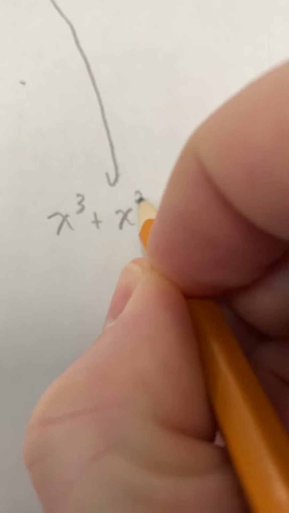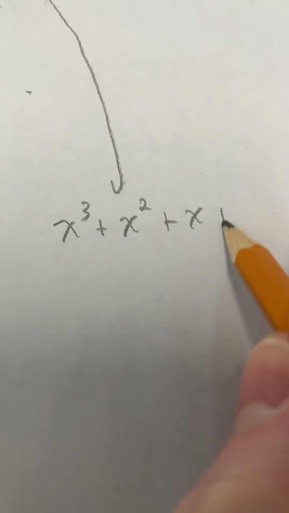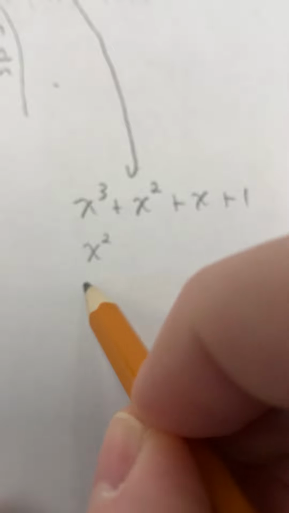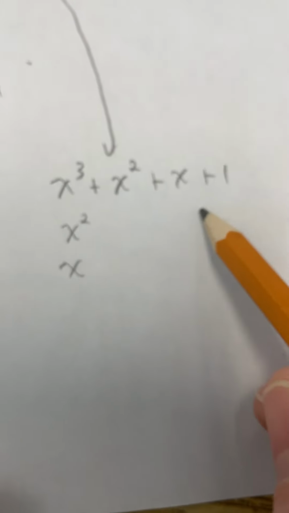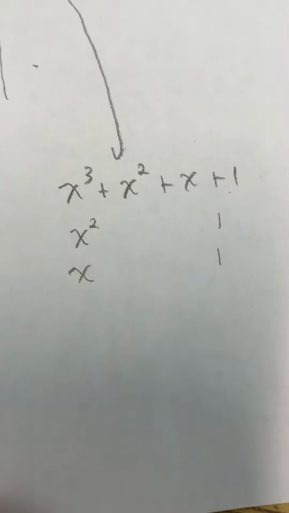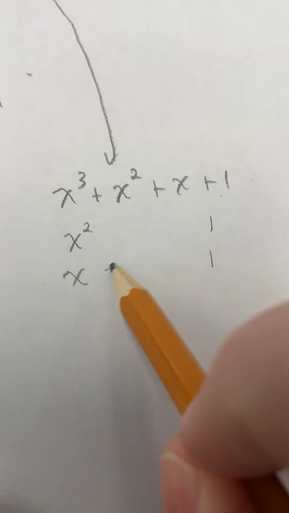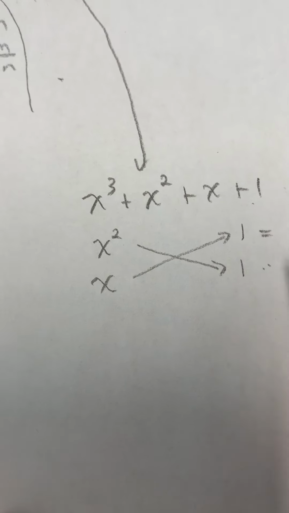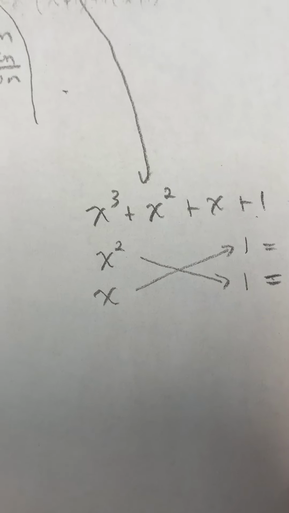So x cubed plus x squared plus x plus 1. What I'm going to do is break down the first term. So x cubed breaks down into x squared and x. And 1 breaks down into 1 and 1. If I cross it, I get x and I get x squared.